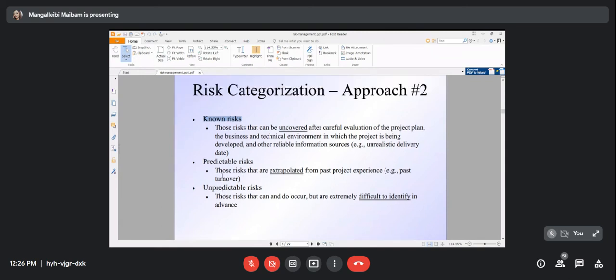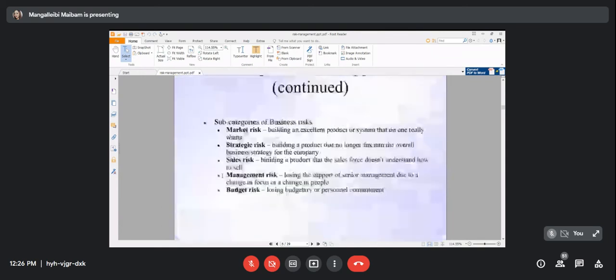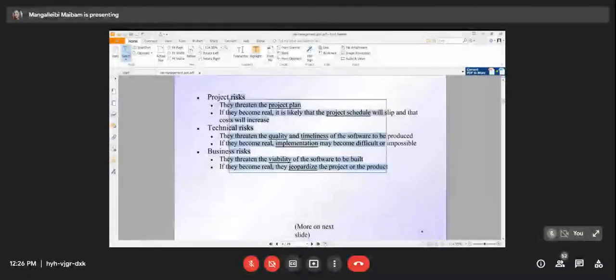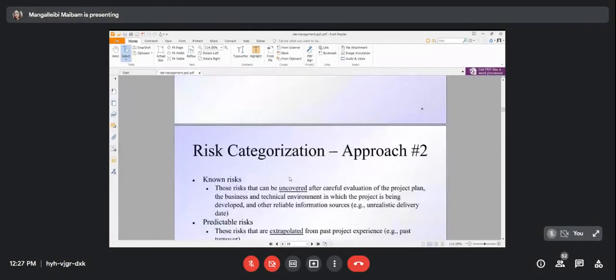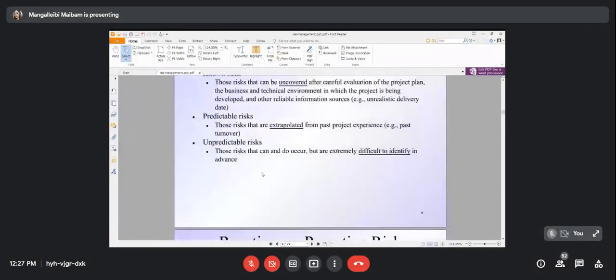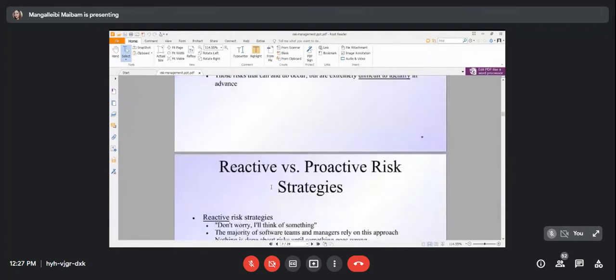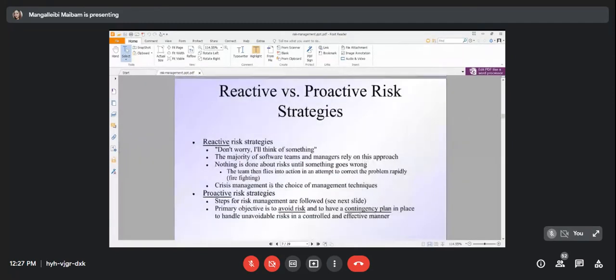So we have two categories. The first categories are these three: project, technical, and business. For the second category of risks, we have these: known risk, predictable risk, and unpredictable risk. Now we have reactive and proactive risk strategies.